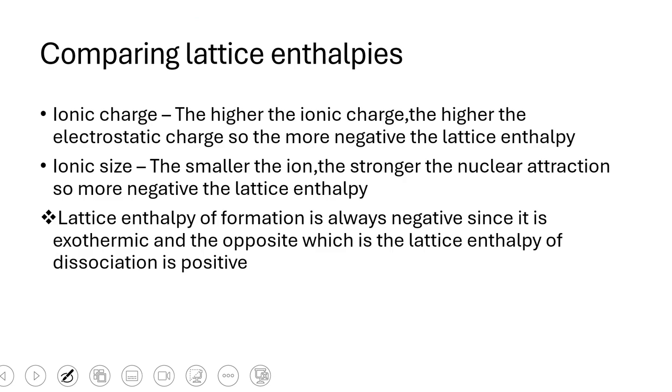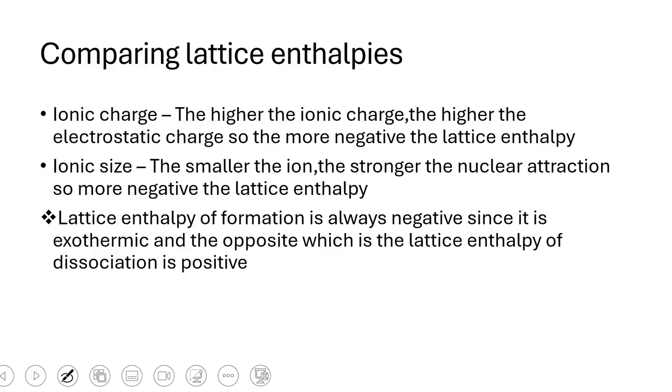Moving on, we have to learn how to compare the lattice enthalpies. And we can compare the lattice enthalpies by using the ionic charge. So the higher the ionic charge, the higher the electrostatic charge, so the more negative the lattice enthalpy.